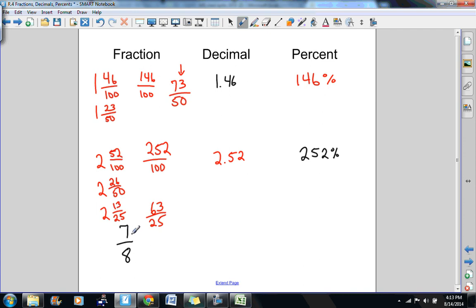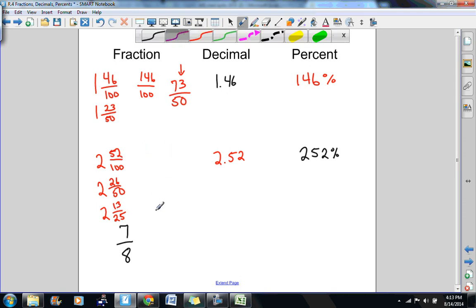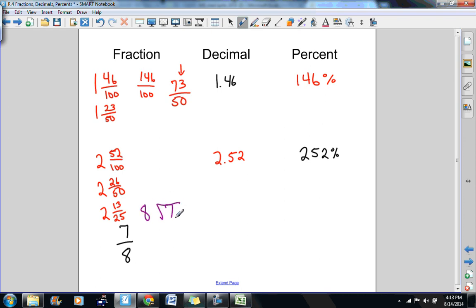Now, 7/8, we're going to have to do the long division method here. I'm going to erase this portion just so I have a little bit more room to do the long division. Now, we have to go 7 divided by 8 here and add in the 0 like we needed to before. 8 times 8 is 64, and 8 times 9 is 72.